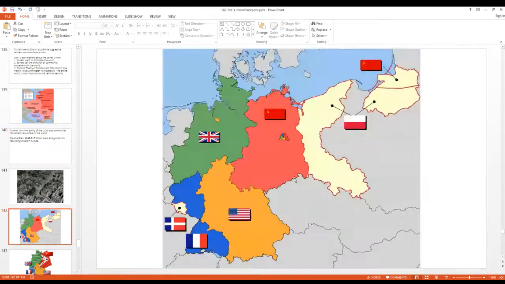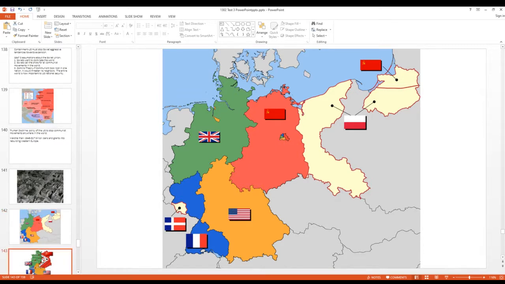Now, this map shows you the 4 zones of Germany. Okay? The Soviet zone, the British zone, the French zone, and then the American zone. And if you look closely, right here in the Soviet zone, you will see the way Berlin has been divided. There's a Soviet zone of Berlin, then there's a French zone, a British zone, and an American zone.